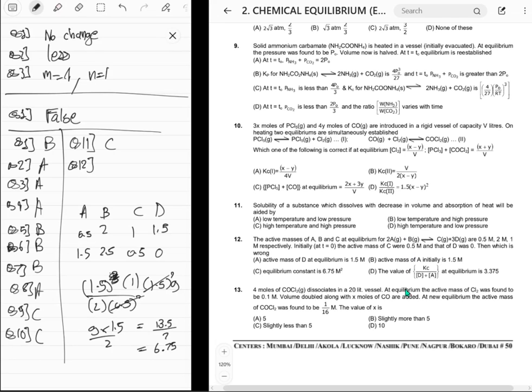The value of this quantity at equilibrium is 3.375. What? Kc upon concentration of D. So Kc is just 6.75 molar upon concentration of D plus concentration of A at equilibrium. That is this plus that, that's just 1.5. Right.